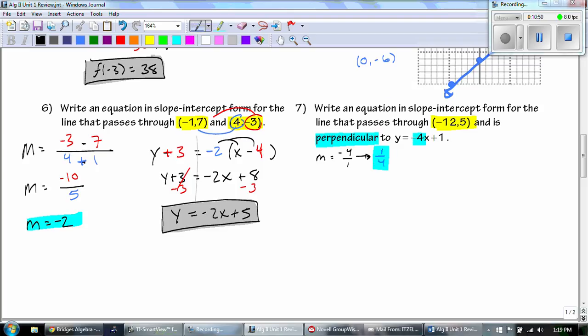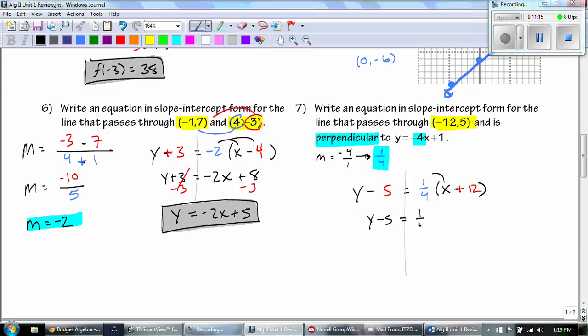So now that I've got my slope, I can go into point-slope to figure out what my equation is. Okay, I've got 1/4, 5, and then this turns to plus 12. My left side stays the same.